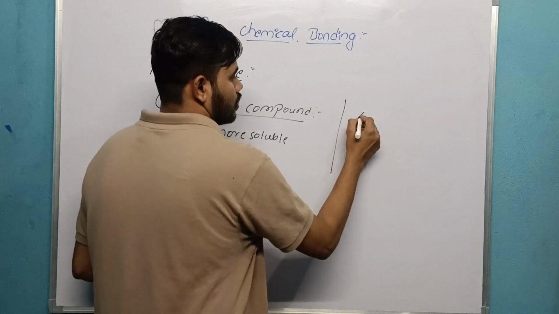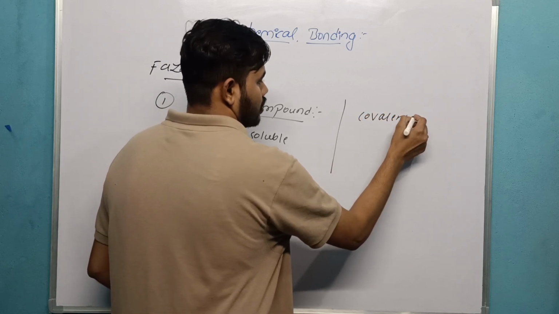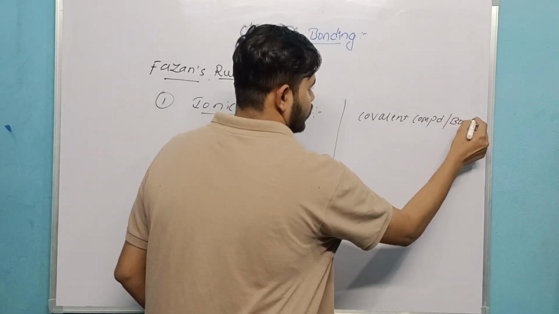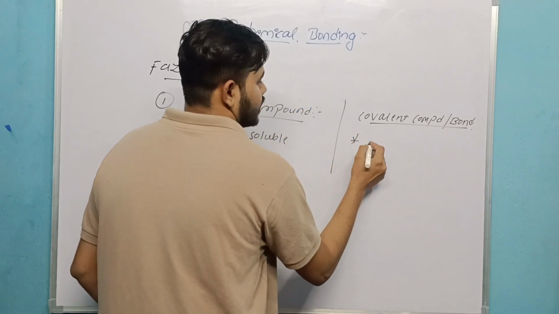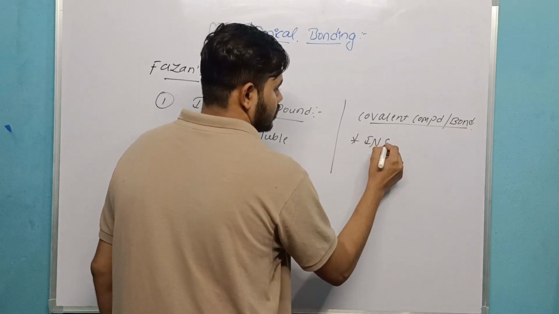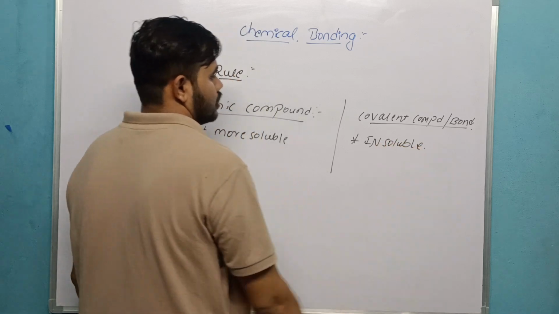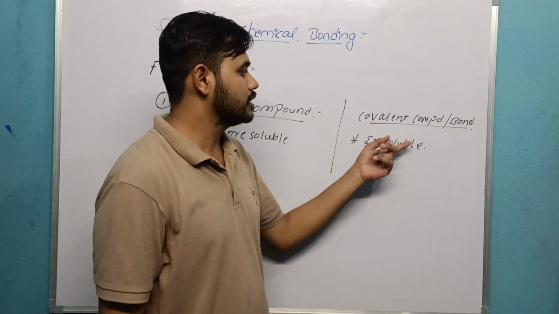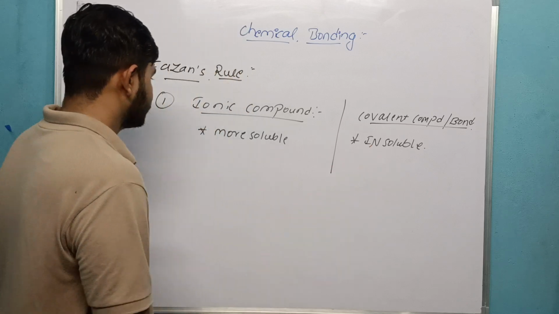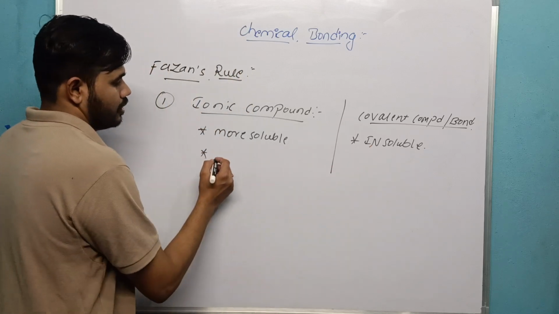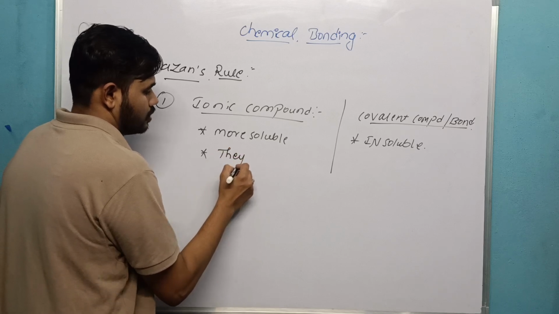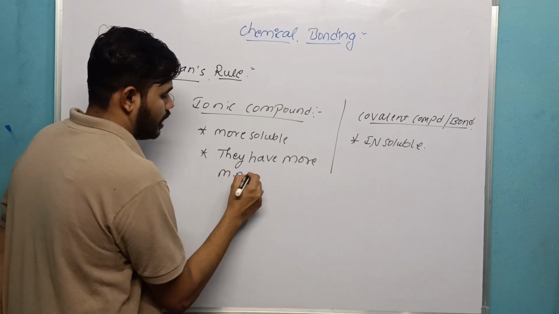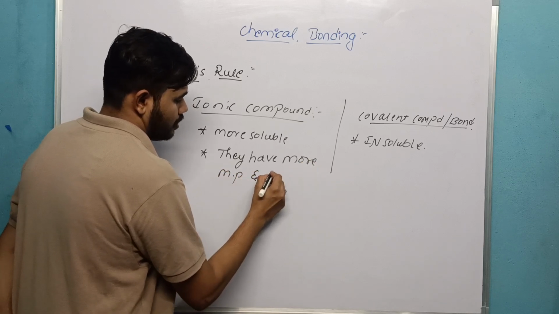While coming to covalent compounds or covalent bond, they are not soluble or insoluble. Ionic compounds or ionic bonds are more soluble in water, but covalent bonds are less soluble or insoluble in water. And next point, they have more melting point and boiling point.